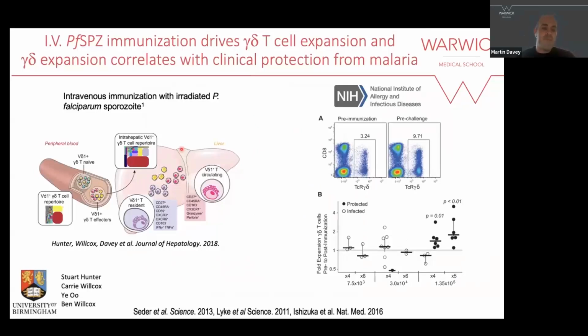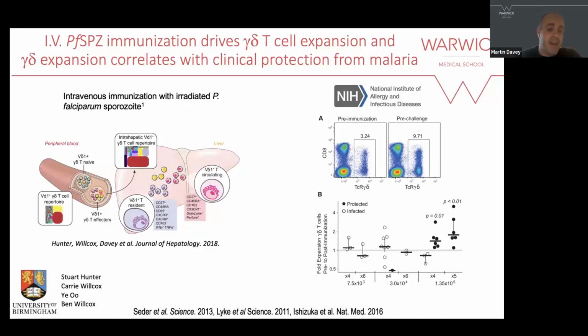One of the things that really got us interested in gamma deltas, and particularly maybe some other populations of gamma deltas, is some prior studies. One that we were involved with was looking in the liver. As I mentioned, the liver is a critical area of immune surveillance for malaria.